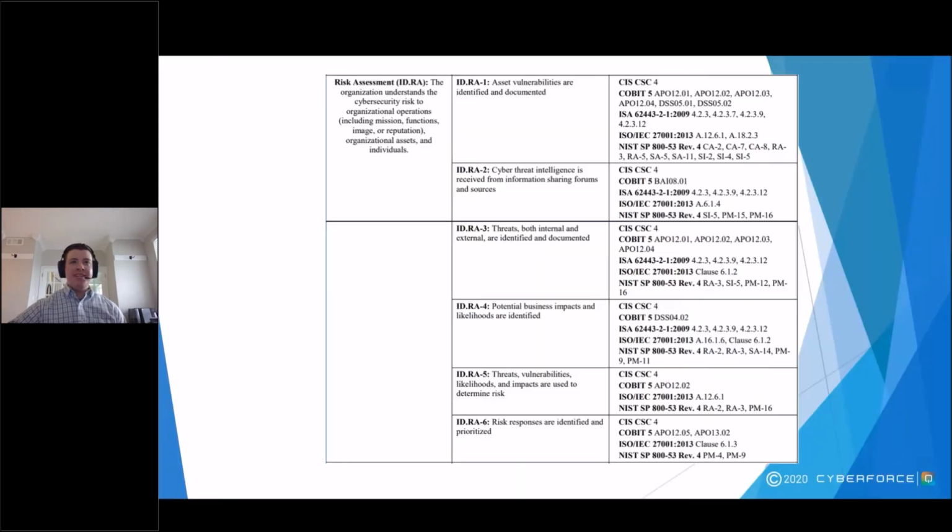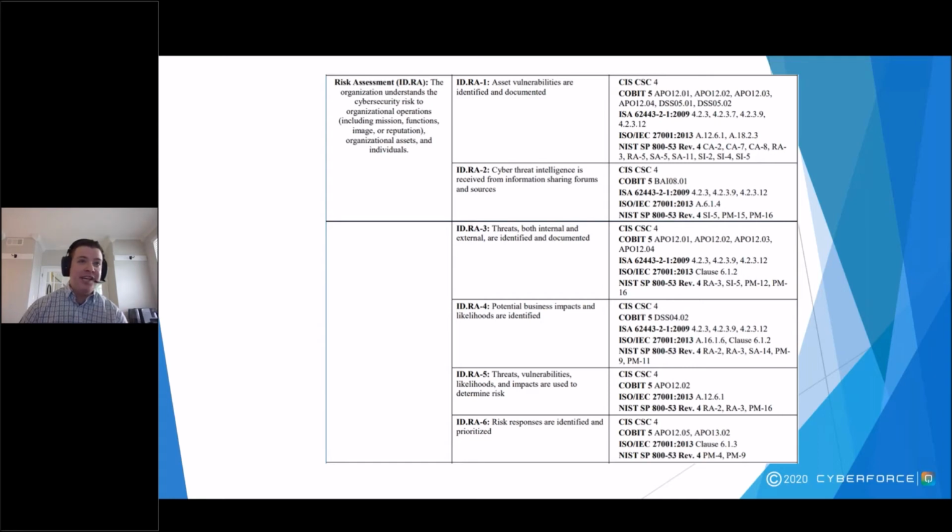Now, I want to take a moment to convey some of the similarities in control structure between the CSF and the NIST Privacy Framework. This screenshot is actually from the CSF, and it shows all of the security controls in the risk management category, along with a whole lot of cross-references for each. You'll see that most of these controls are oriented around the process of completing a security risk assessment.